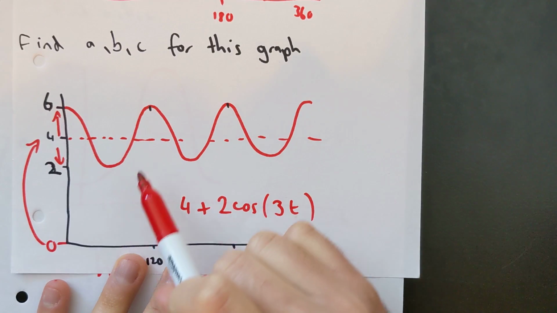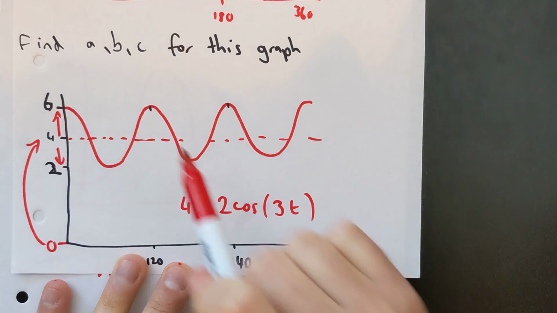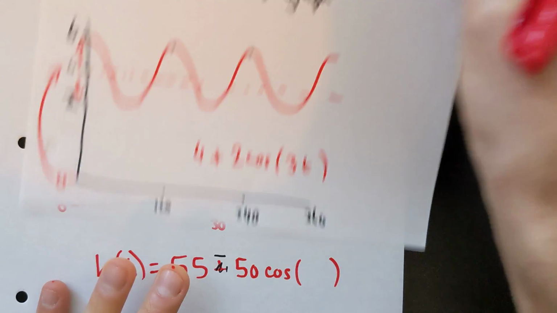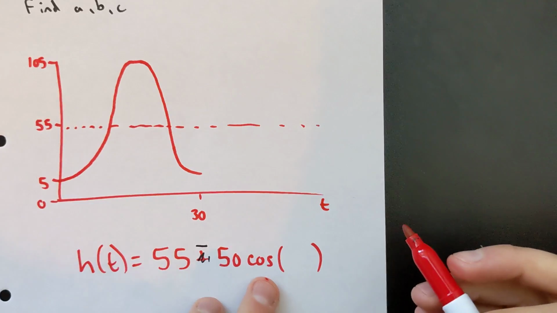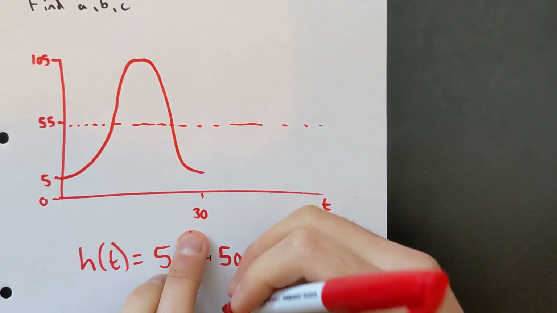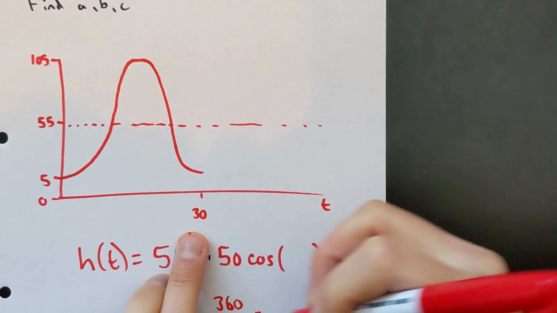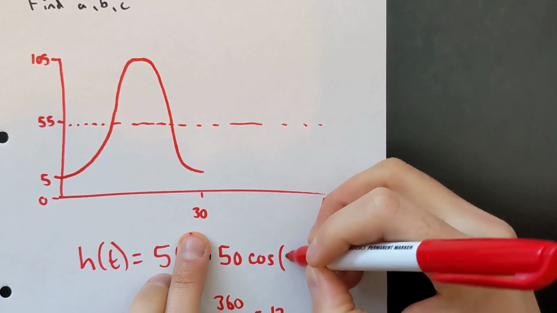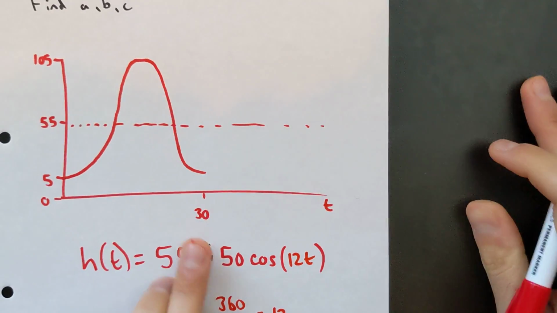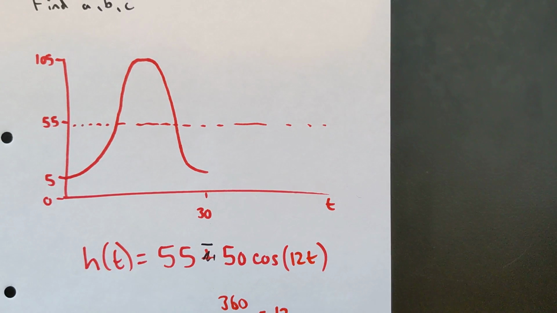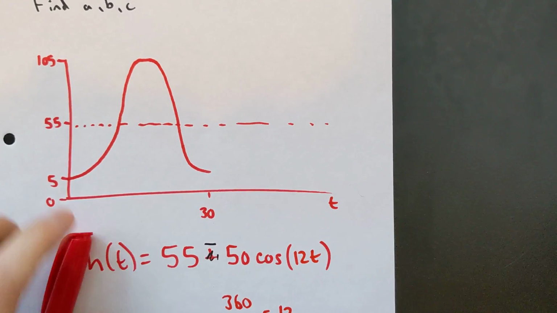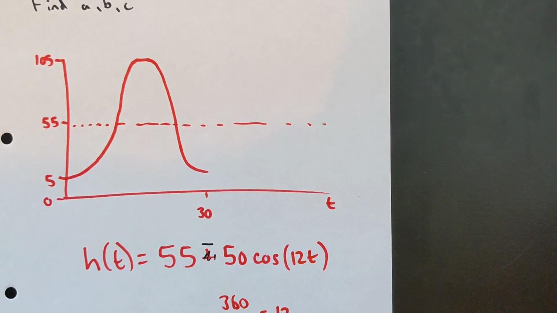So here, one revolution happened in 120 degrees. It has 3 times that can go round. This time I've got 30, so I'm going to have to do 360 divided by 30, and that gives me 12. So it's going to be 12 full revolutions. So that's going to be 12t. So my final answer there: A is 55, B is negative 50, and C is 12.